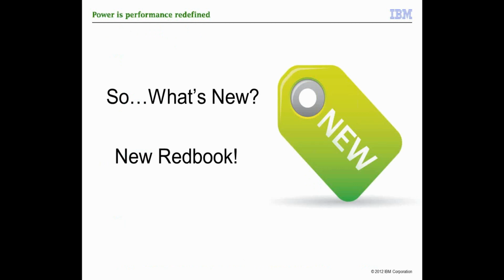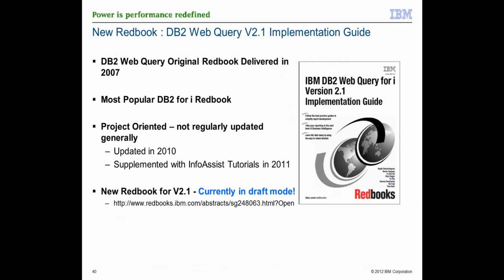Another thing that's new, in June we had a residency here, a Redbook residency, and we have produced a new Redbook. So this was a long time coming. There's a lot of new things in Web Query that have been added to the product since the previous Redbook was updated. So this was pretty much a total rewrite of the Redbook, but it is available now. I do want to make you aware that it is in draft mode, so it does have grammatical errors, spelling errors, and that kind of thing.